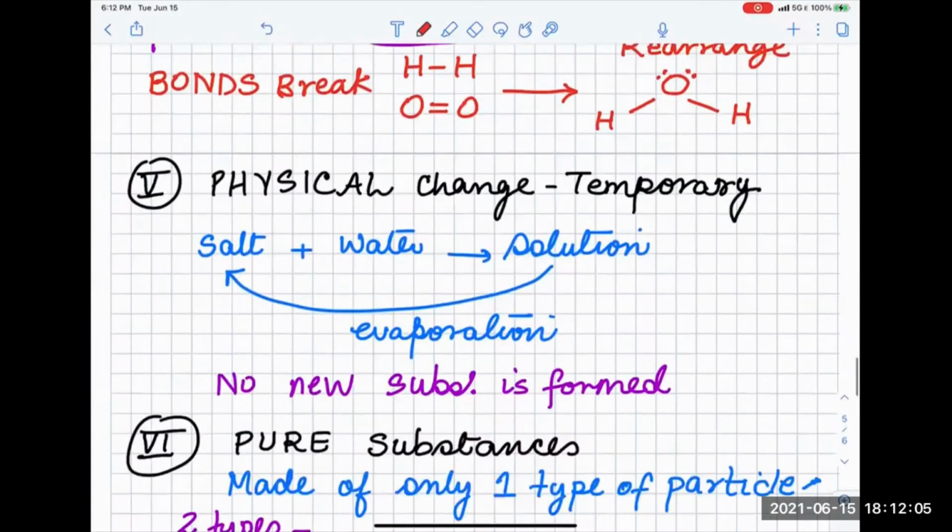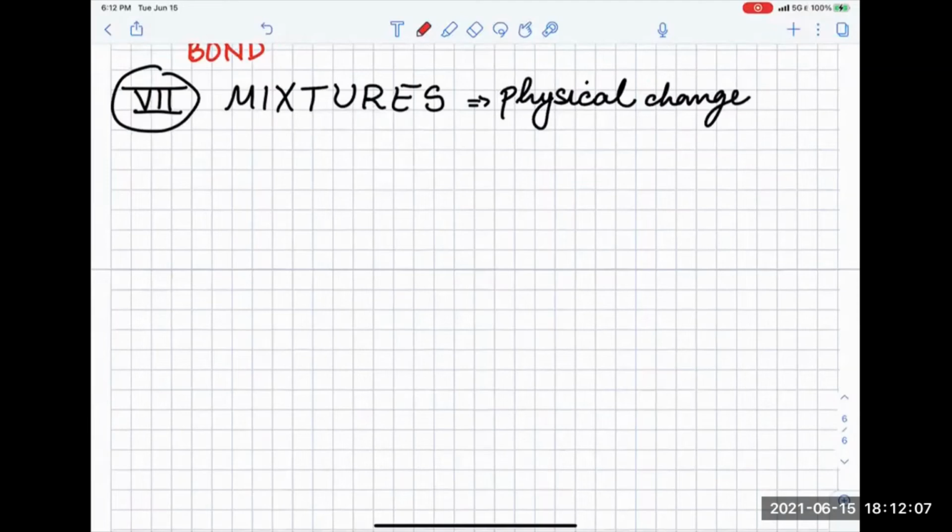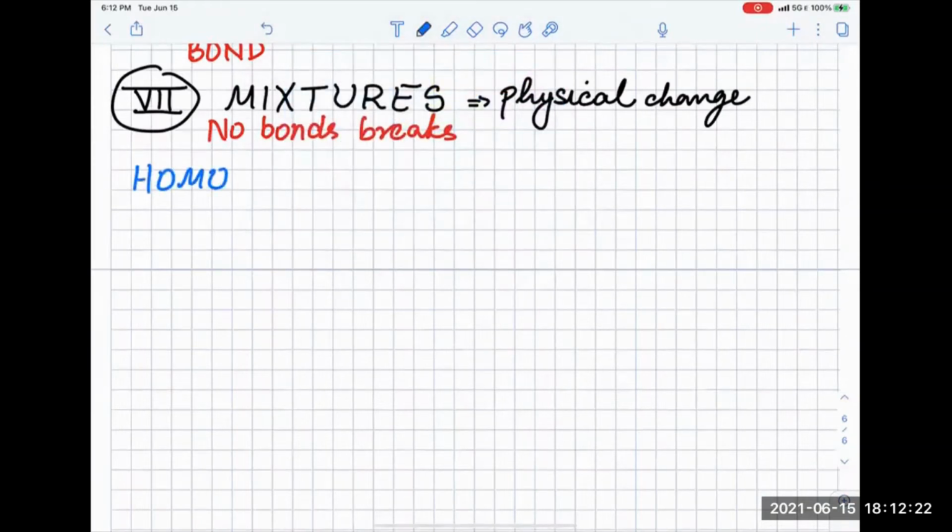But when you do mixtures, you're not creating that rearrangement. No bonds are being broken here. So mixtures, again, two types. One is a homogeneous mixture. Homogeneous is they look the same.